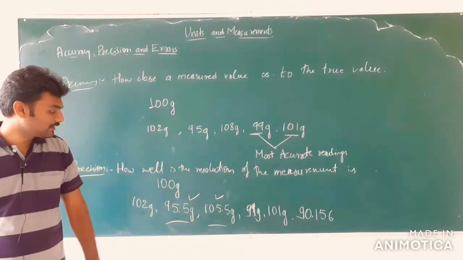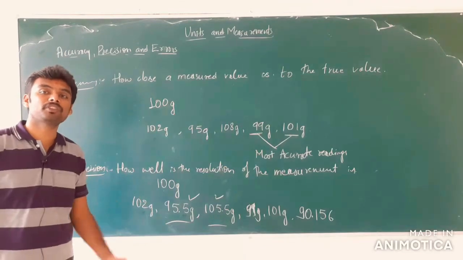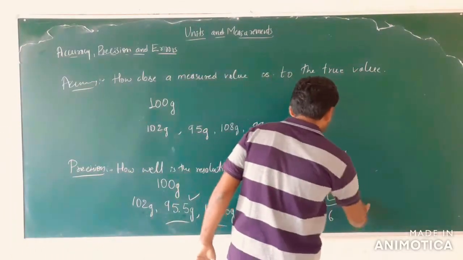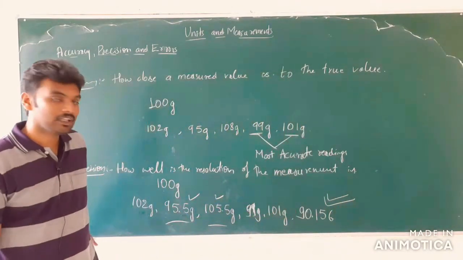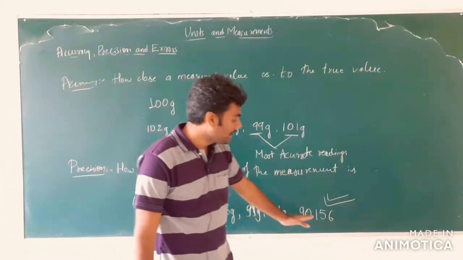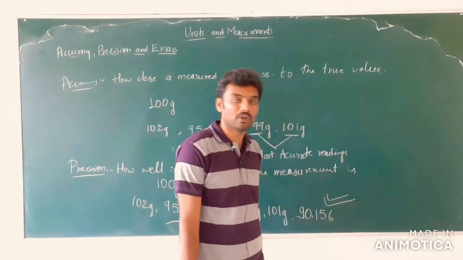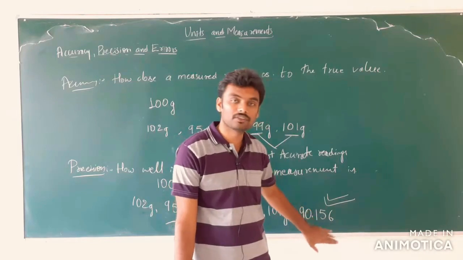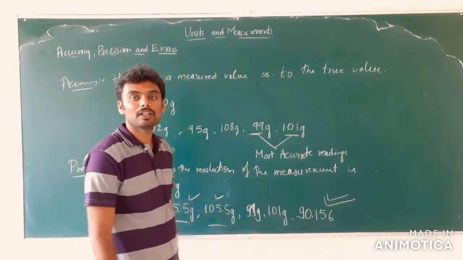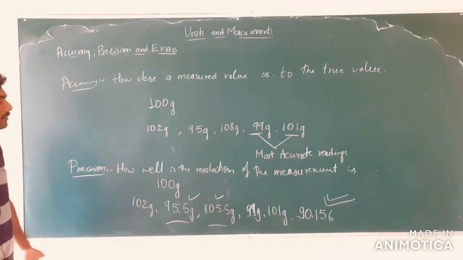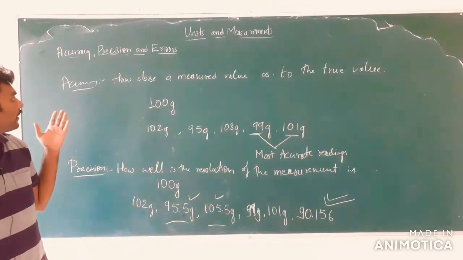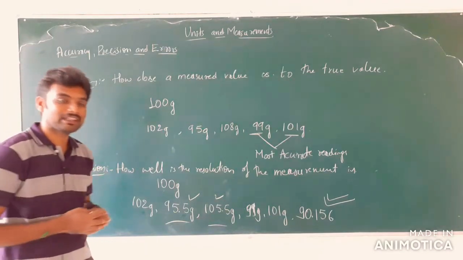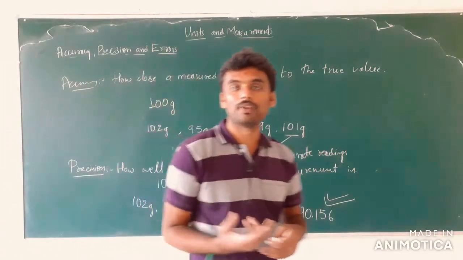If all these readings are compared to find the most precise reading, 90.156 itself is the most precise, because the precision is up to the third decimal point, isn't it? Third decimal place: first, second, third. So till the third decimal place we have the precision for the given measurement. So this is about accuracy and precision. Accuracy is how close the measured value is to the true value.